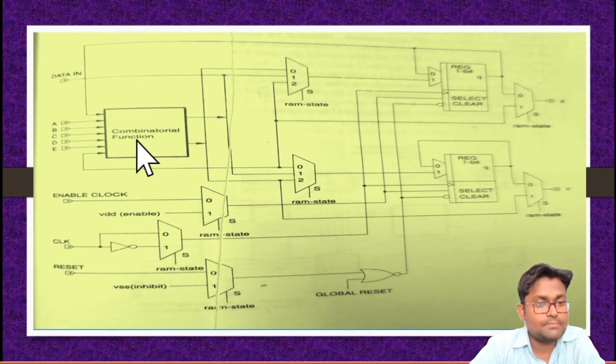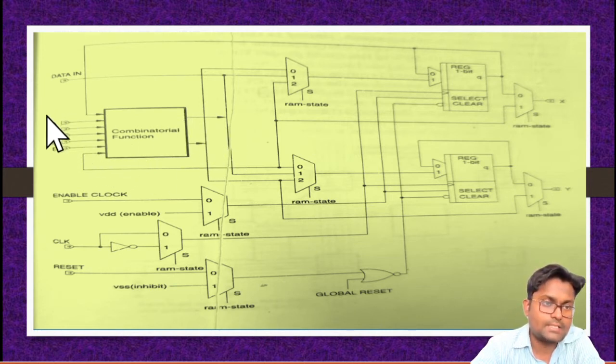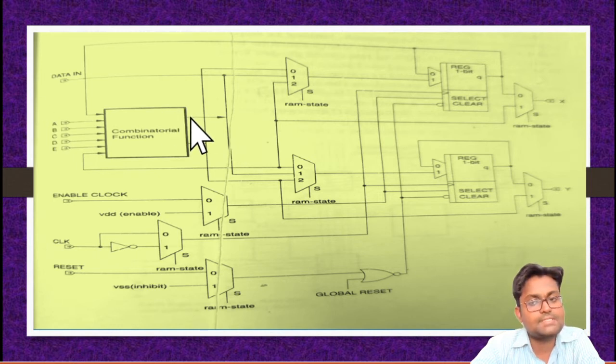Some combinational functions are also there. You can see there are five different inputs here: A, B, C, D and E. Using these five inputs, you can make two different functions. You can see the two outputs of the combinational functions, and these two functions are implemented using these five inputs only.